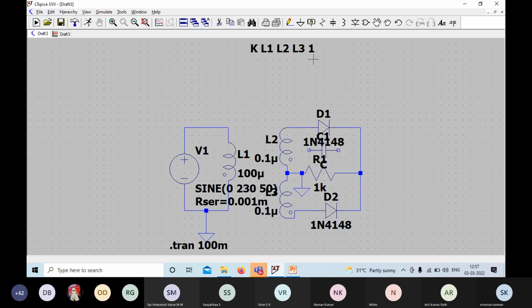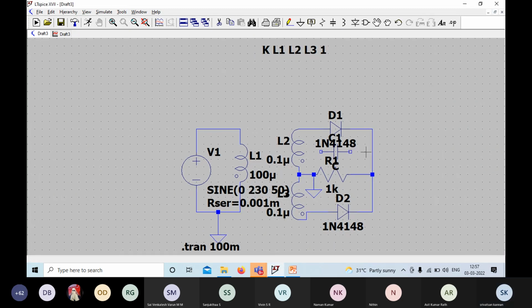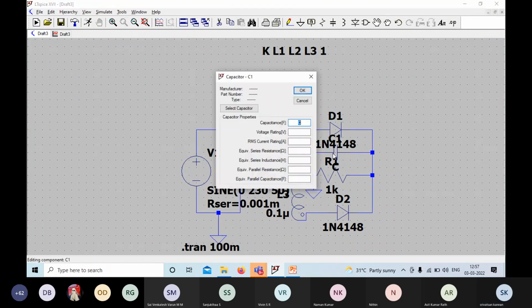Then connect this capacitor. Now you can set the value of this capacitor: 1000 microfarad.